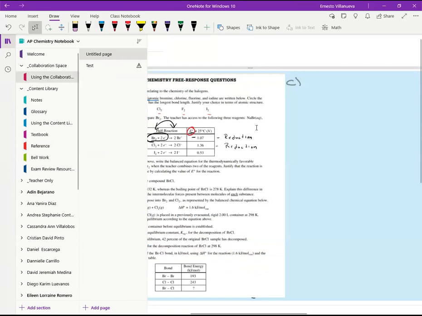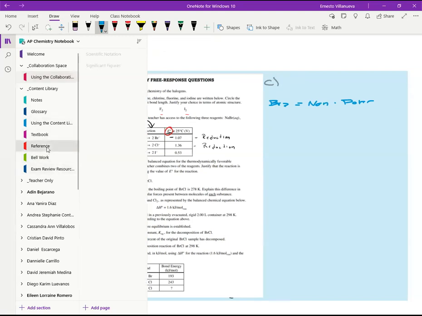The first one that we're going to deal with is bromine. I can already see that this is bromine bonded to itself, so it's going to be nonpolar. How do I know that's going to be nonpolar? When something is bonded to itself, you have no difference in electronegativity.